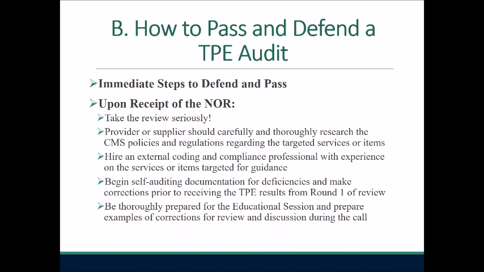And then correct errors in your new notes, not previous medical records. Obviously, you can't change the record once it exists, except through a proper attestation process. But you can correct your errors moving forward, because the goal of a TPE is to pass by round 3. And if you're really good at self-auditing and educating yourself, maybe you can pass by round 2 and reduce the duration of this nightmare.